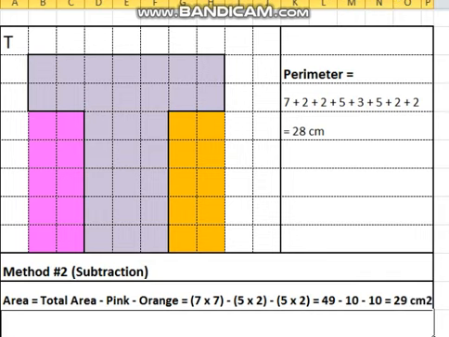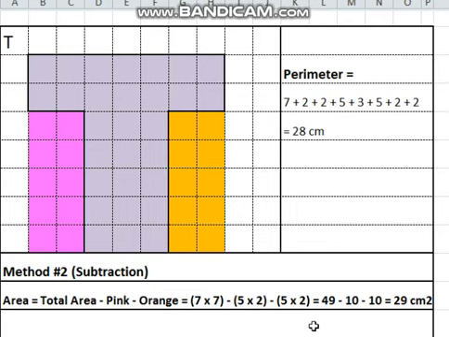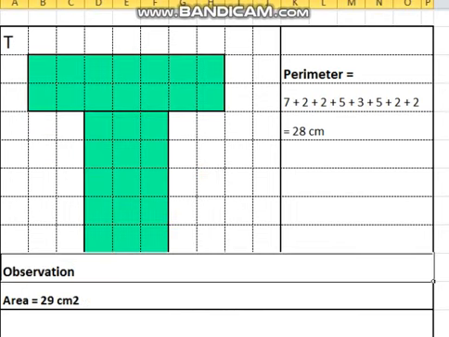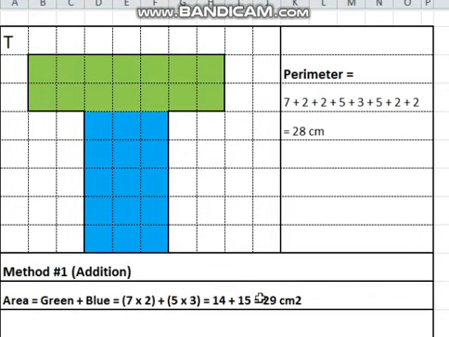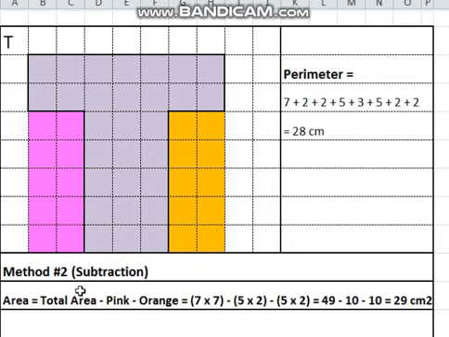When you compare your results, you can see that by observation the area is 29. If we do it by addition, it's also 29. If we do it by subtraction, it is also 29. So for this T shape, I think you can see which one is better, right?